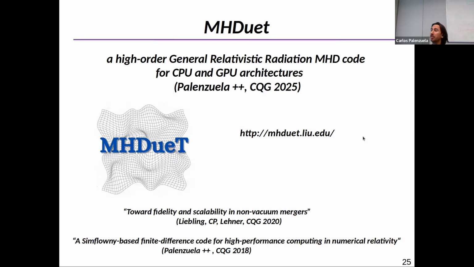And this code actually is not new. It has been there already for 7 years. In the first paper, on this Simflowny-based finite difference code, we didn't give it a name, and neither in the next paper, where we made a comparison with some older codes. But since 2 or 3 years ago we gave it a name so that people can recognize it. But it has been around for 7 years.